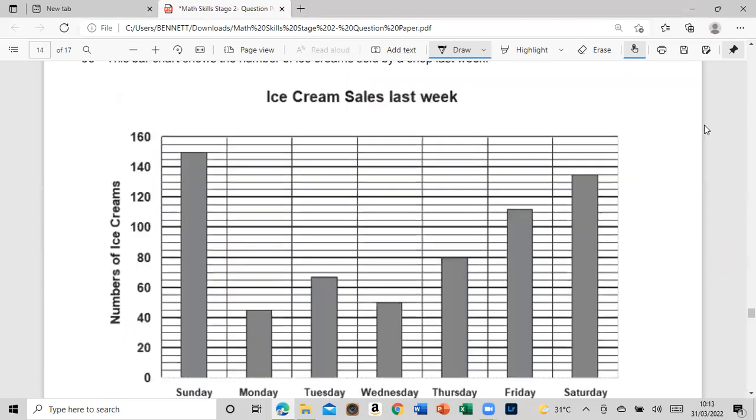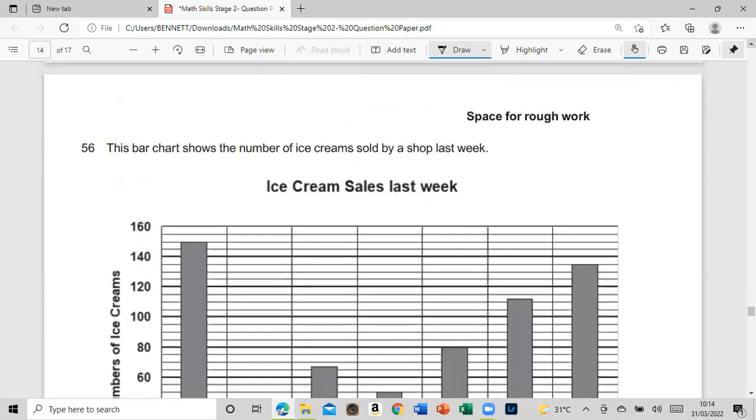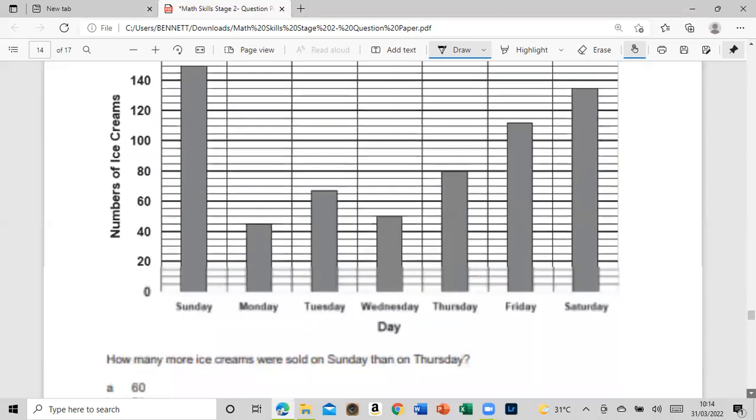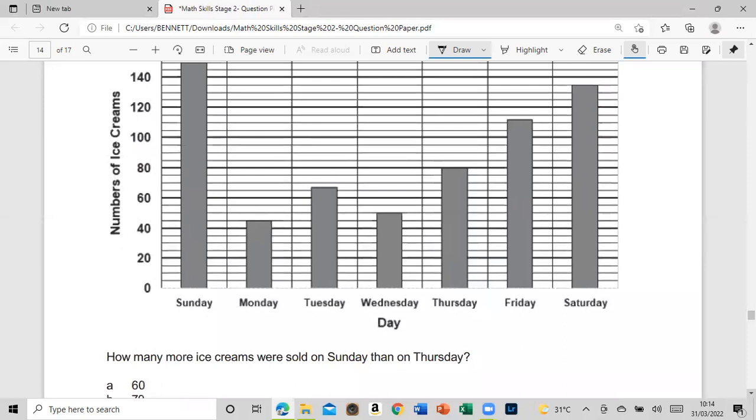Alright, ice cream sales last week. This bar chart shows the number of ice creams sold by a shop last week. How many more ice creams were sold on Sunday than on Thursday?